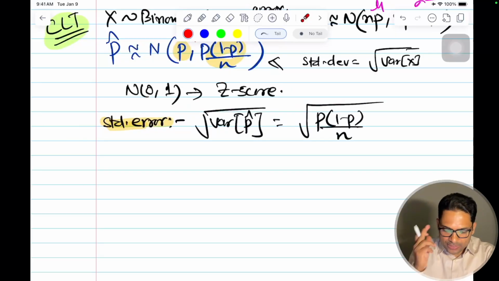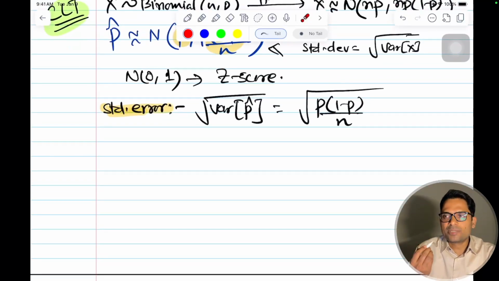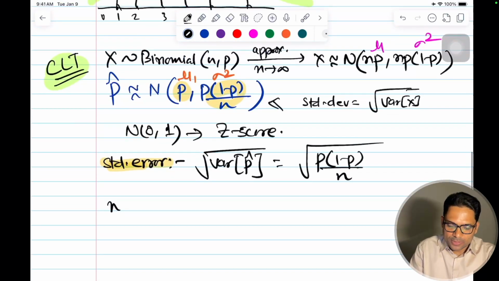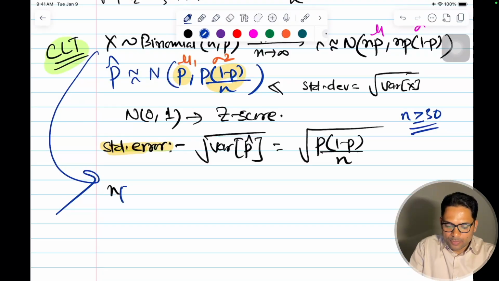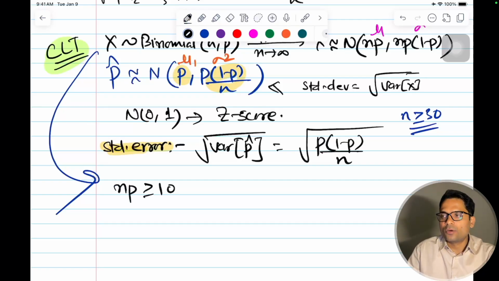Now if this is clear, there is one more condition for which this approximation holds. For the binomial itself to be approximated, we had the condition, right? For means, the sample size n should be greater than or equal to 30, which is considered large for practical purposes. Similarly, for the binomial, the number of successes, n into p, should be greater than or equal to 10, and also for the failures, that is n into 1 minus p.